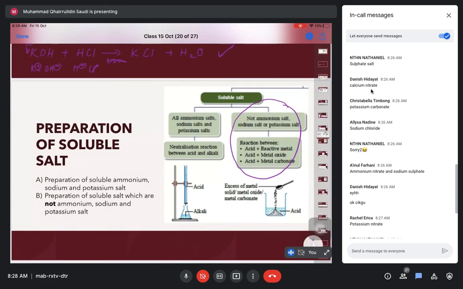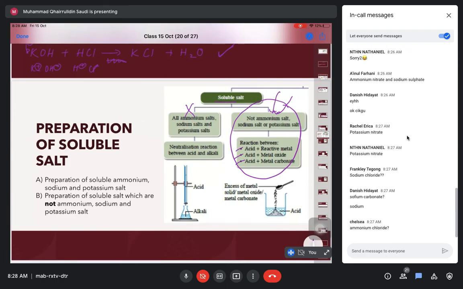Not ammonium, sodium or potassium salt. It does not have ammonium, potassium or sodium, but it is soluble. Like Dennis said earlier, calcium nitrate. So we don't use this way, we will use this part, either method 1, 2 or 3. This one we will see. We will look at how to prepare this soluble salt in our next class.